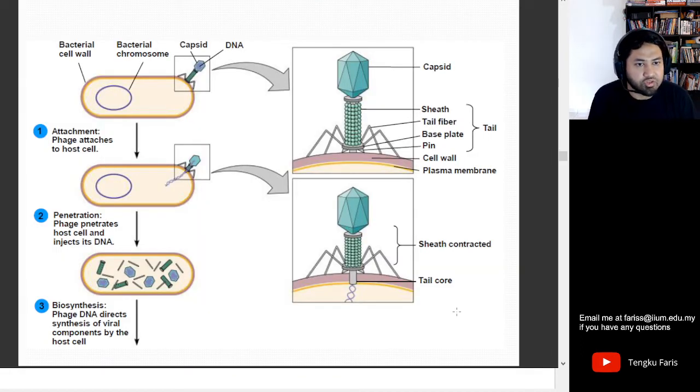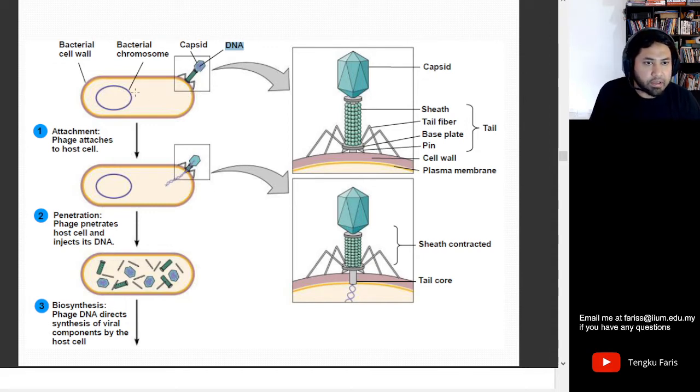So this is an illustration of how the process begins. This is the phage. You can see within the capsid we have the DNA, and inside the sheath you can see the tail attached to the outer surface of the E. coli.